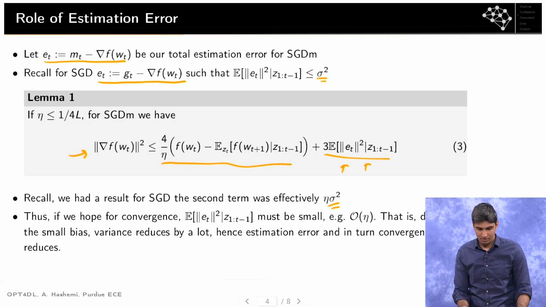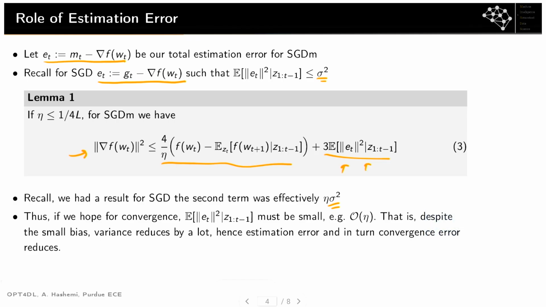So it seems I don't have any control over the role that this total estimation error plays in the convergence of my algorithm. However, if I'm hoping for convergence, this term should be small. For instance, if this norm is of order eta, like in the previous case, then despite the bias, the variance is controlled, but it's not that I'm controlling it.